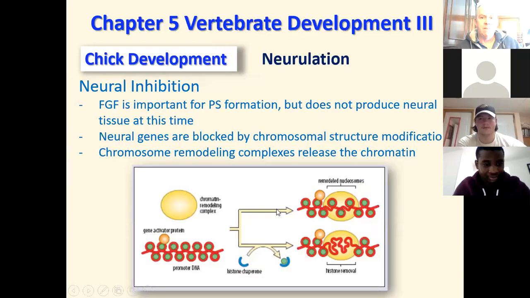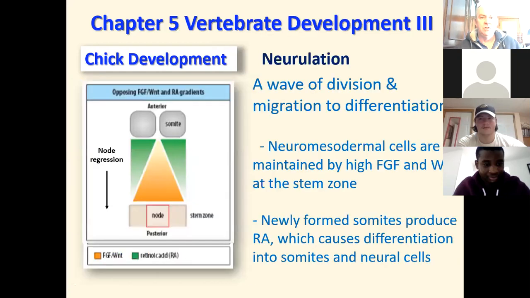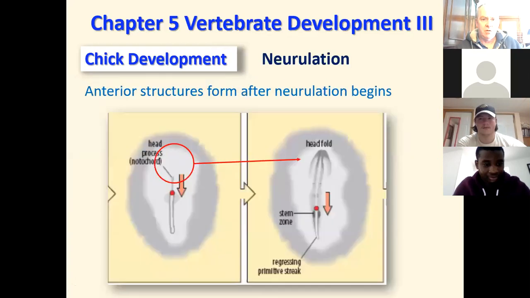Okay. And then we start to regress. And as we regress, here is your node. And then now we've got this FGF gradient that's going to be causing cells to divide and also to become mesenchymal. So, okay.